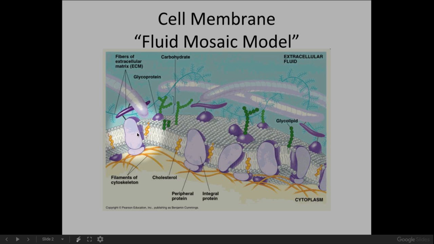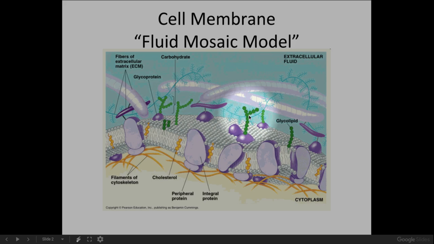We can see here and here and here and here and here in purple, these are proteins. And we can see the yellow here, here, and here, and here. Those are cholesterol molecules. The green are various types of carbohydrates.